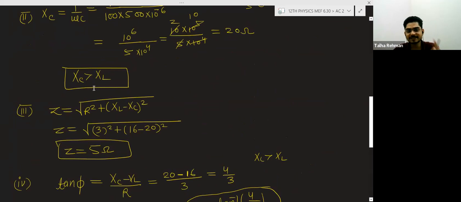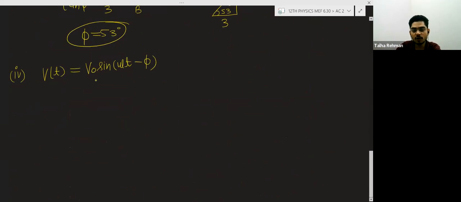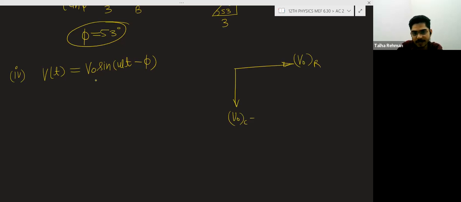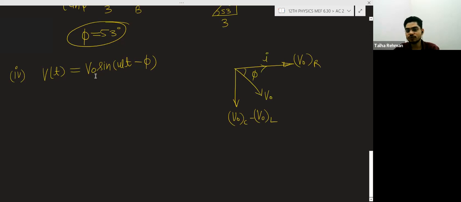Because here your XC is greater than XL, and in the diagram here will be V naught R, here you will get V naught C minus V naught L, and resultant voltage will be like this. This is your V naught, this is phi, and direction of the current is this. So here your voltage is lagging. So that is why I have written omega t minus phi.